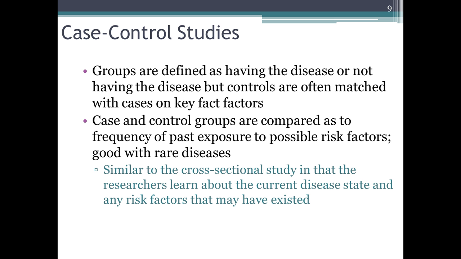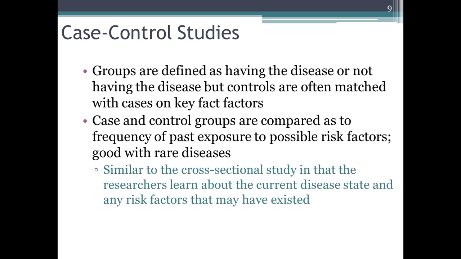It's case control studies. So case control, by its name, it really immediately tells you that there is a case and there is a control group. So these are groups. These are group studies that has been defined as having the disease or not having the disease, but the controls now are often matched with cases on key factual factors.